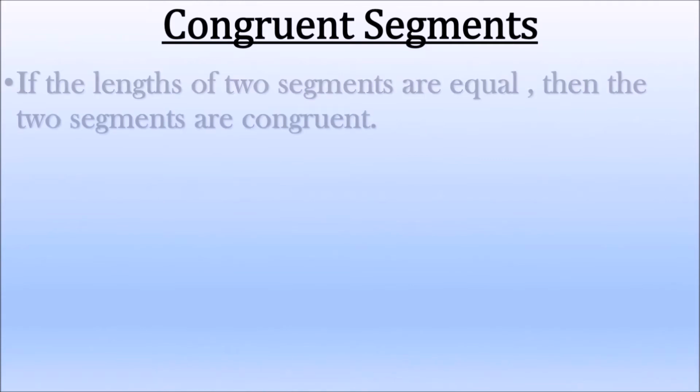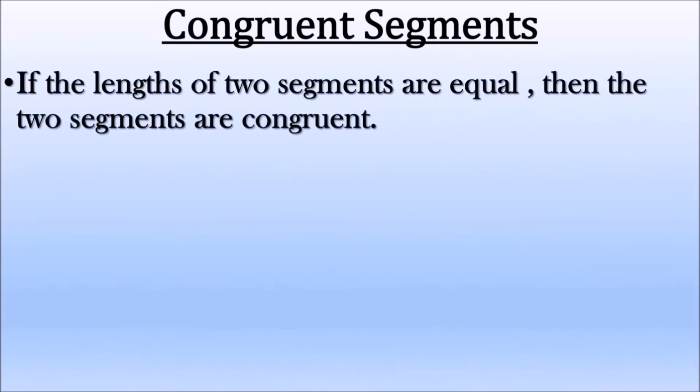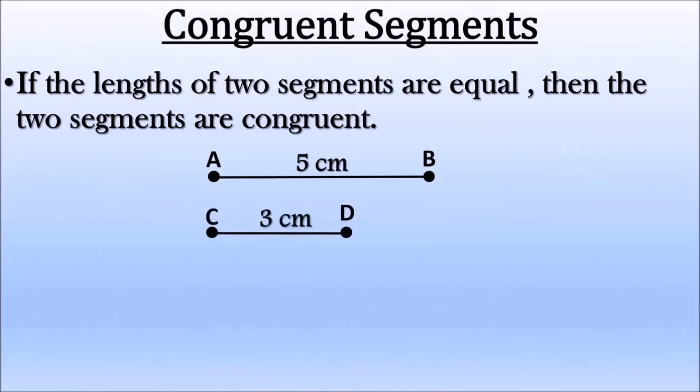What are congruent segments? If the lengths of two segments are equal, then the two segments are congruent. Here we have segment AB of length 5 cm, segment CD of length 3 cm, segment PQ of length 5 cm.